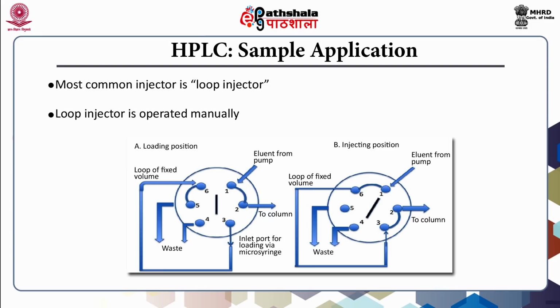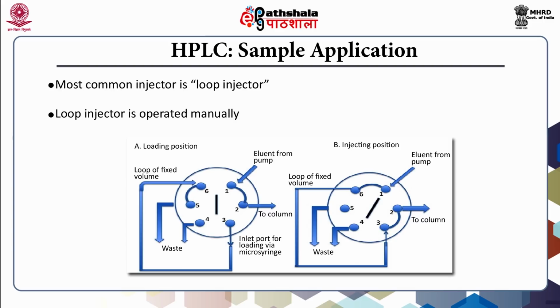In the injecting position we have to turn the knob, which is at the center, to the right hand side. By turning this knob, you can see here that a connection is established between port 1 and port 6, and another connection is established between port 2 and port 3. By doing this, the mobile phase comes from port 1, enters into port 6, passes through the loop continuously and reaches port 3, and through the established connection to port 2, the mobile phase passes on to the column.